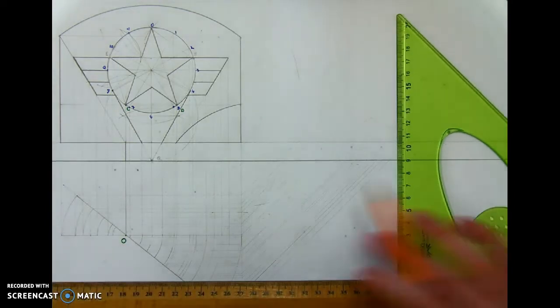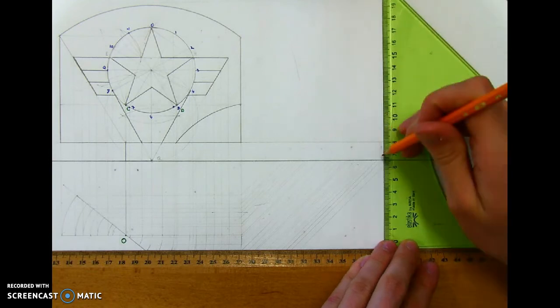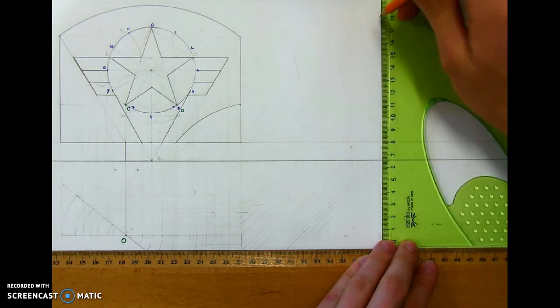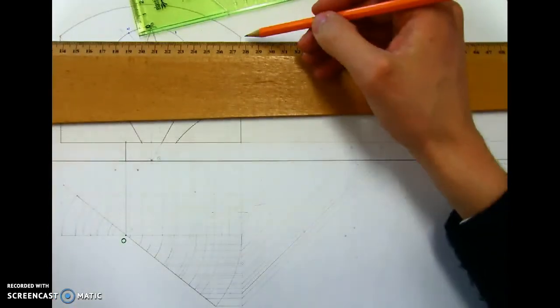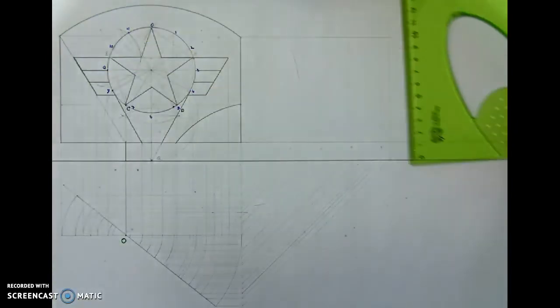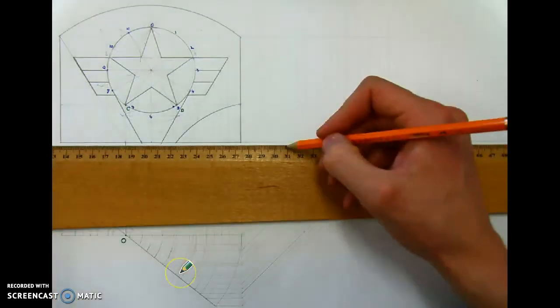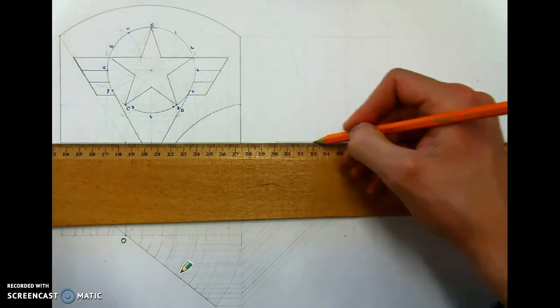Once each line is brought at 45 degrees, bring them straight up and bring the points across. Once all our points are brought up, we can begin to harden in the outline.